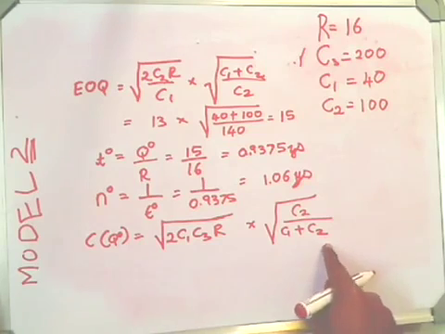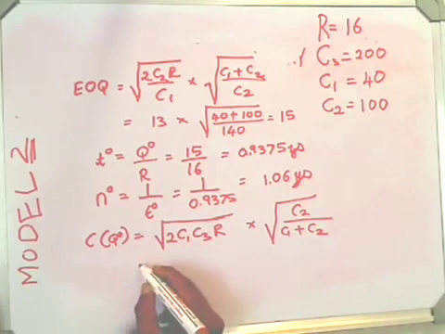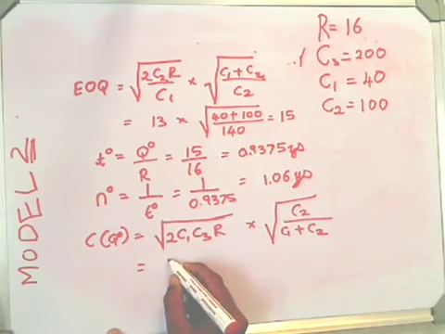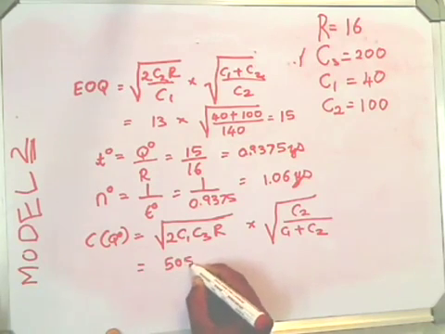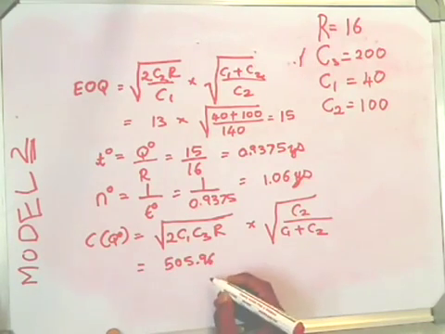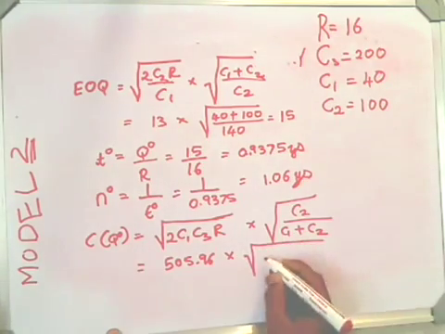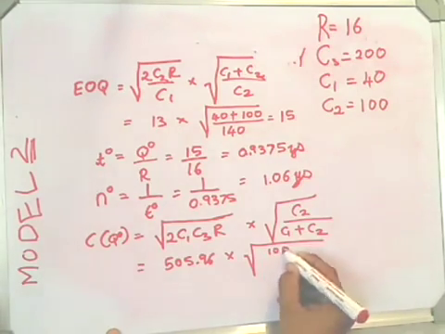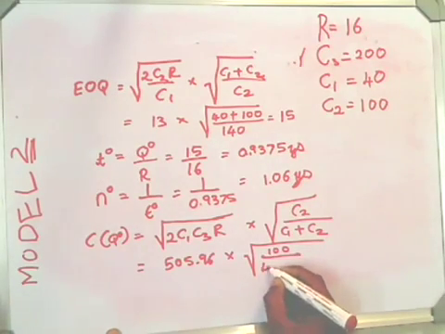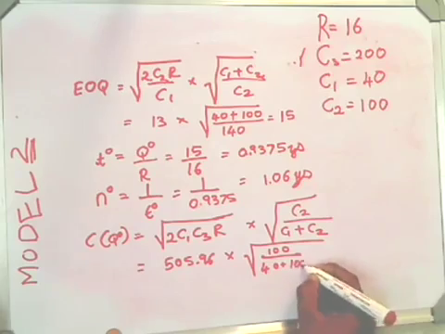Here what I'm going to do, I've already got the value. In the previous answer it was 505.96. Now if I were to substitute the values here, C2 would be 100, 100 divided by 40 plus 100 again.